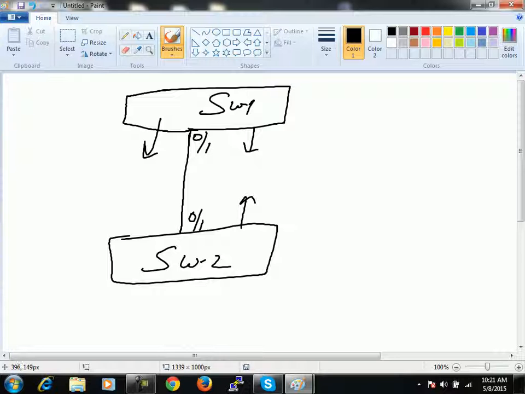When switch 1 sends its own configuration BPDU towards switch 2, switch 2 will find the bridge ID of switch 1 in that BPDU, I mean the designated bridge ID and root bridge ID, both components. And this time, because switch 1 is announcing itself as a root bridge, let's say its MAC address is A and the other switch's MAC address is B. So whenever switch 1 generates a configuration BPDU, because it is assuming itself as a root bridge, in that BPDU there are two fields, one is root bridge ID and another one is designated bridge ID.